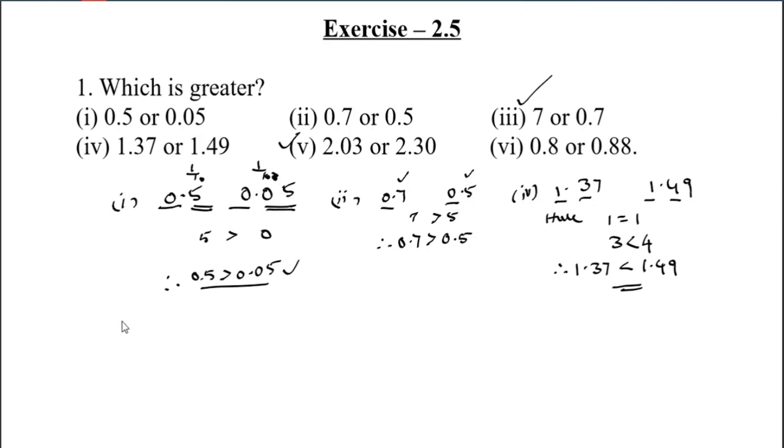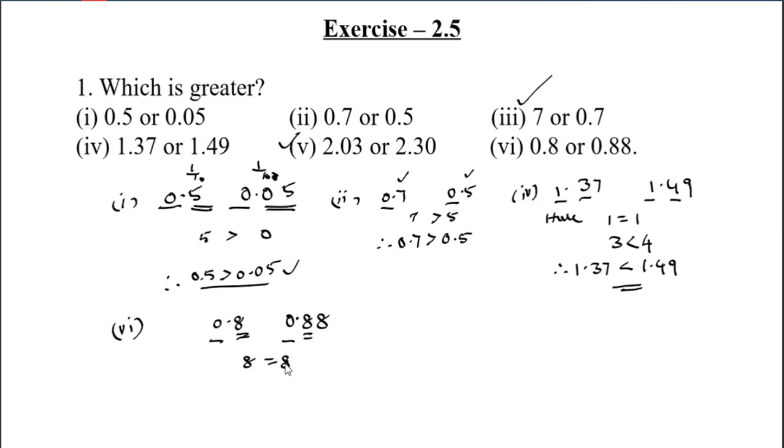Now let me do the sixth one. So 0.8 and 0.88. Compare the digits in the whole part. So 0, 0, no value. Now compare the digits in the tenths place.